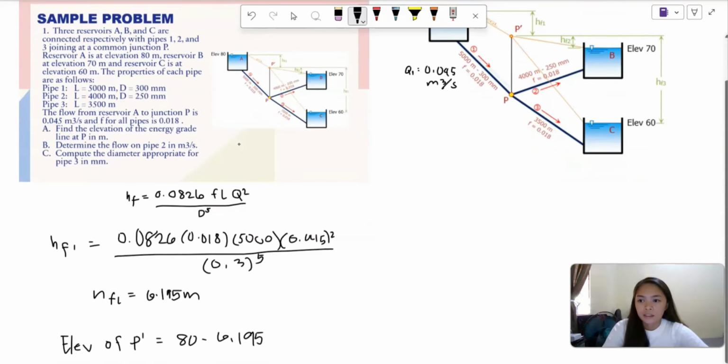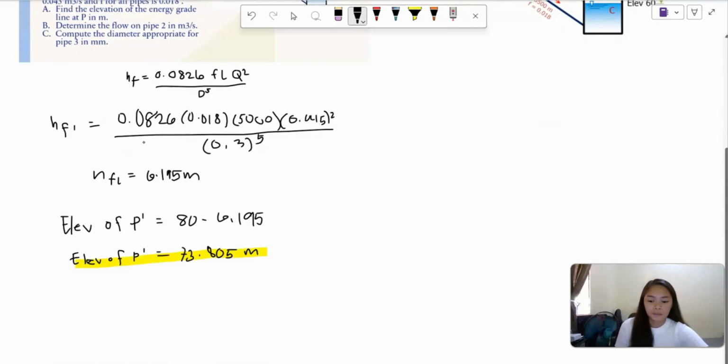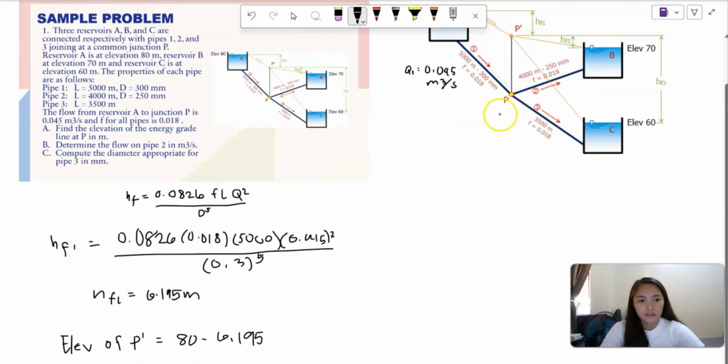So next is to determine the flow in pipe 2 in cubic meters per second. As we can see, the energy at P, denoted as P prime, is higher than reservoir B, thus the flow in pipe 2 is towards B. So first we need to get this head loss here.